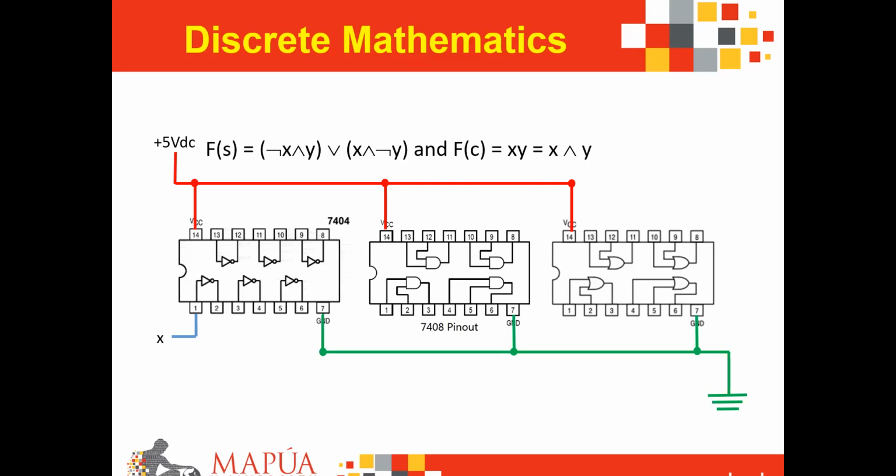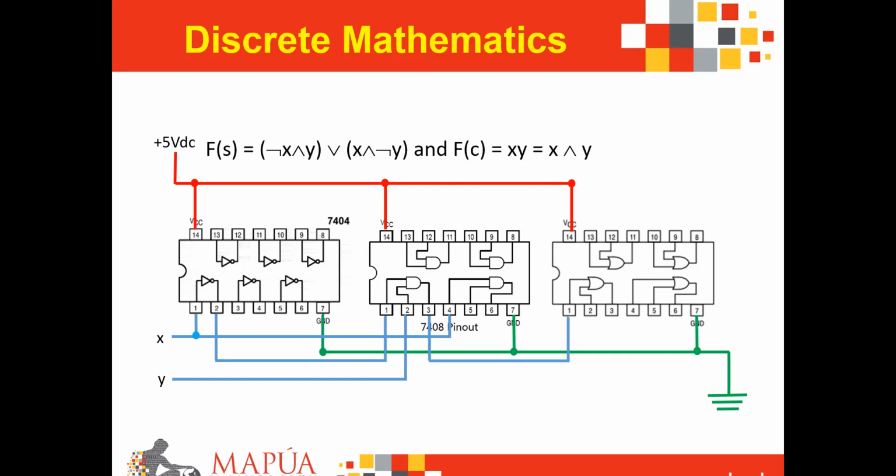Your X is connected to the NOT gate input pin 1, and then the output is connected to pin 1 of your 7408, while pin 2 of the 7408 is connected to your next input, your Y. And then the output of this on pin 3 is connected to your OR gate, pin 1.